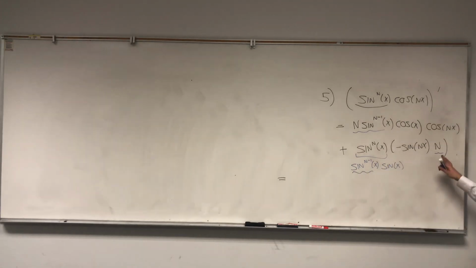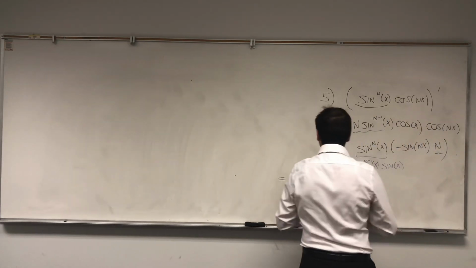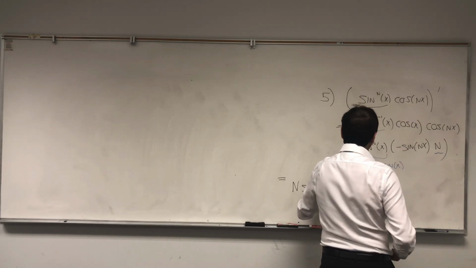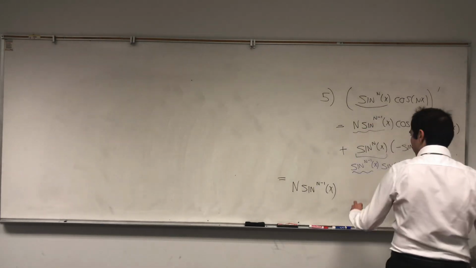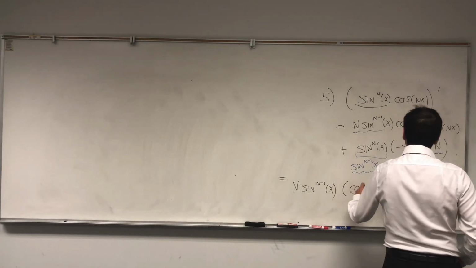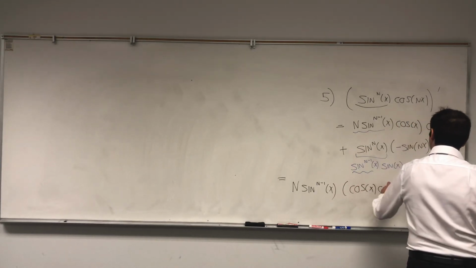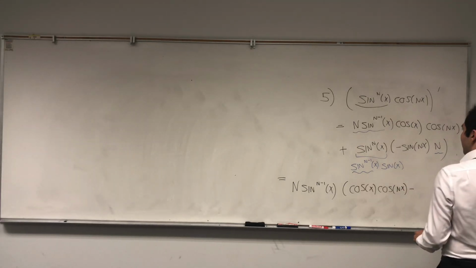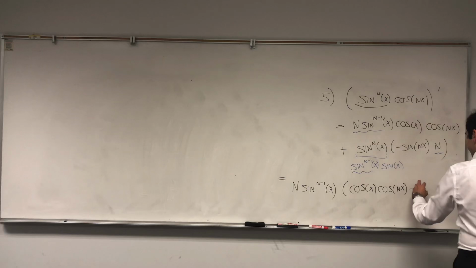So there's a common factor of n sine to the n minus 1 of x, times, now, cosine of x, cosine of nx, minus sine of x, sine of nx.